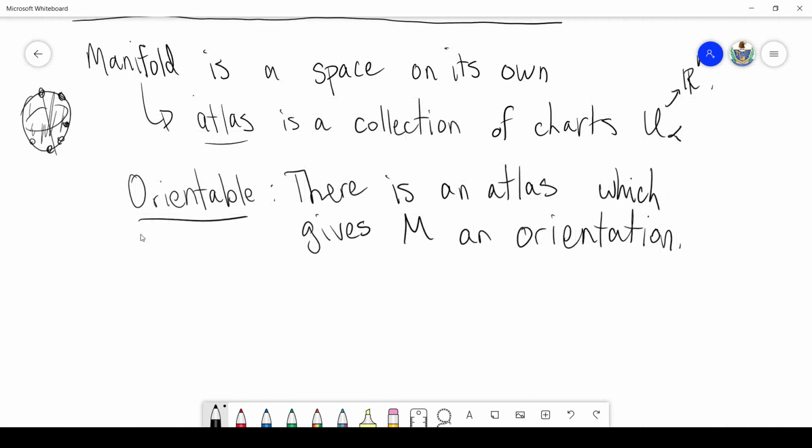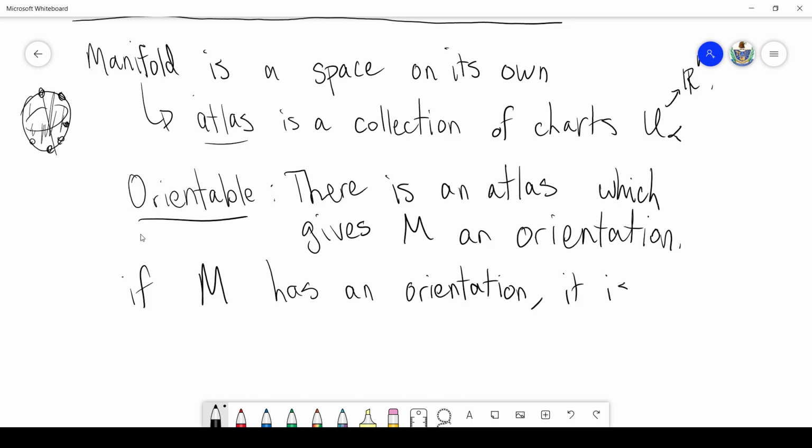And if M has an orientation which is specific to its given atlas, then it is oriented. So I just want to point out the difference between the two words orientable and oriented when we're talking about manifolds.